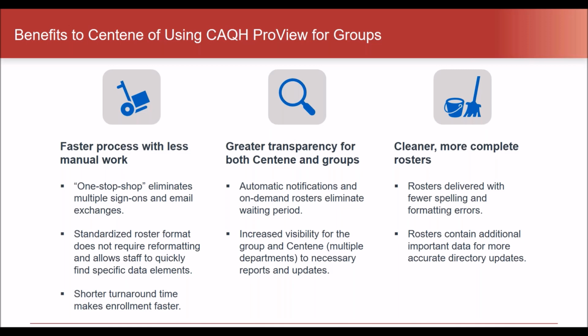Once they've done it, it's formatted, ready to go for them and for us. In order to consume that data, it's in that standard format, and then we're able to put it into our system so that we can have more automation and batch these rosters into our systems so that it's much faster and more efficient, which would then create that shorter turnaround time, which we all want, making that enrollment faster.